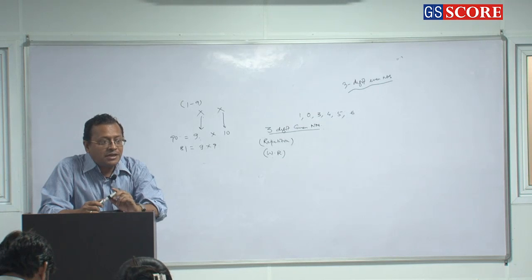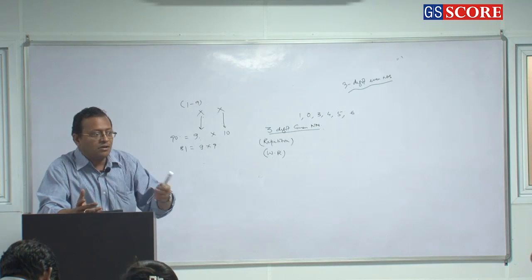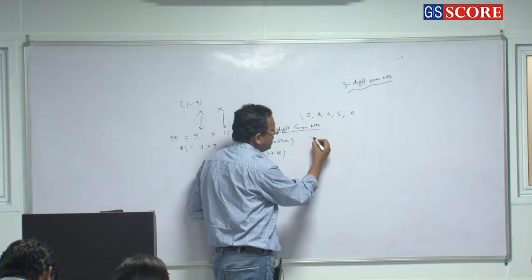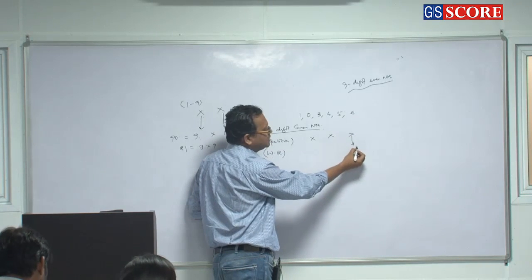With repetition as well as without repetition. So with repetition, how many 3-digit even numbers? Easy or not? Because you will say, so 3 digits are there. The last place can be filled up in how many ways? 3 ways.